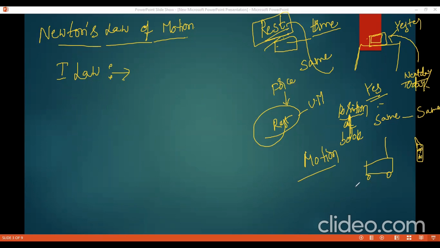Let me take the time as 4:02 p.m. At 4:02 p.m., the first wheel of the toy car is at position A. When you operate the remote, the toy car moves a certain distance.